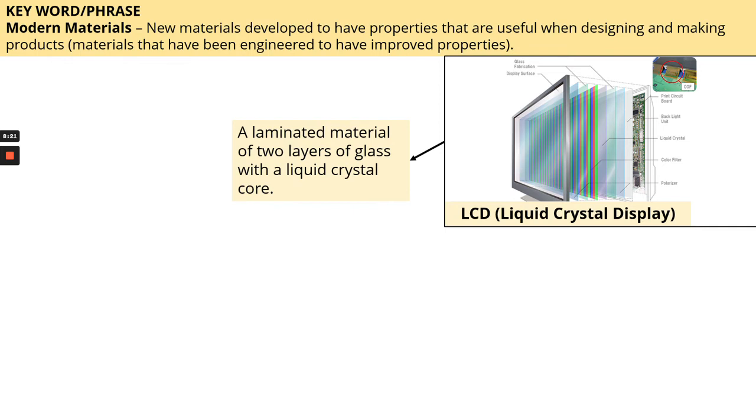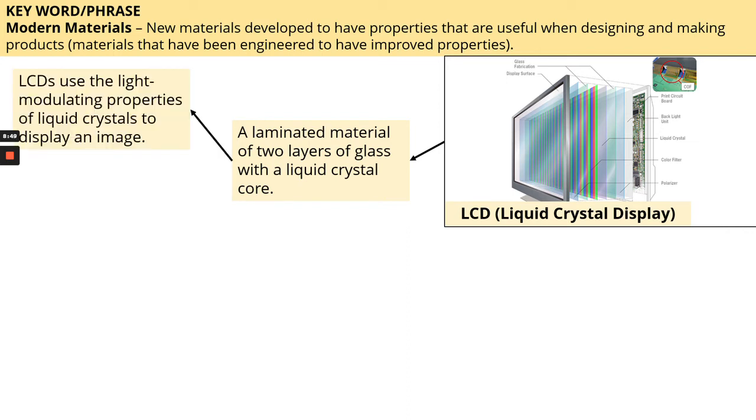It is a laminated material. A laminated material is a material that has several very thin layers put together. So LCDs have multiple layers of glass, where in between those layers there is a liquid crystal core. Those liquid crystals have light modulating properties.